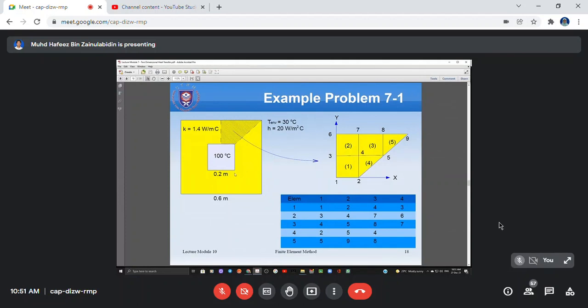We want to study the whole structure, the whole cross section with a rectangular shape and a rectangular hole inside it. We can model the whole structure, or we can model half only. We can cut through the middle here, model the right half or the left half, or we can model it as a quarter model.